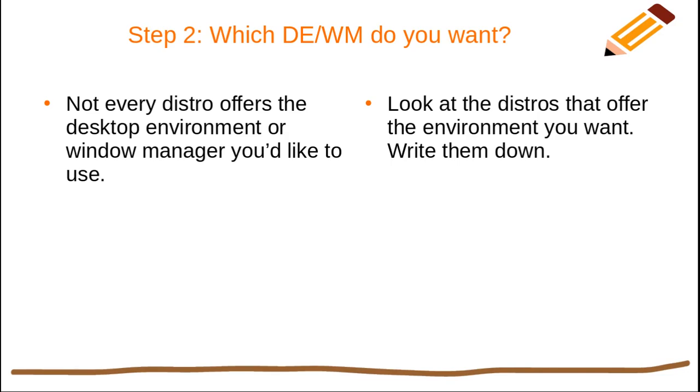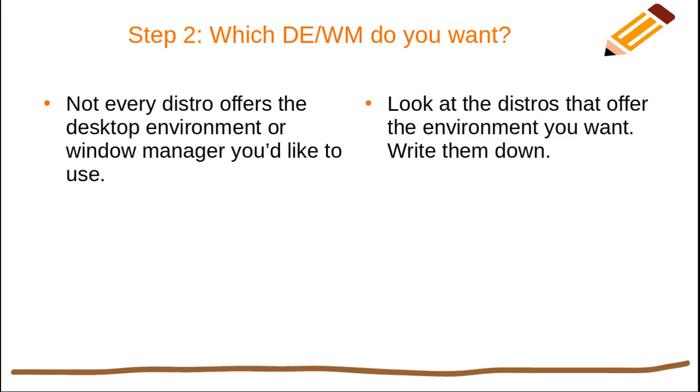But I think that having some sort of idea in mind is important, because not every distribution offers what you're looking for. And that's why if you have something in mind, then you should take a look at that first, because there's no point in looking for a distribution that you want before choosing a desktop environment.